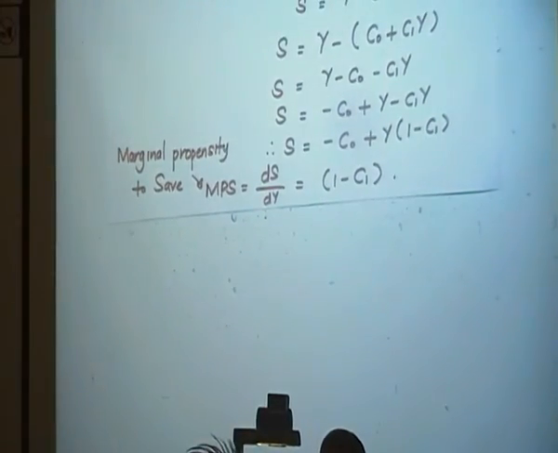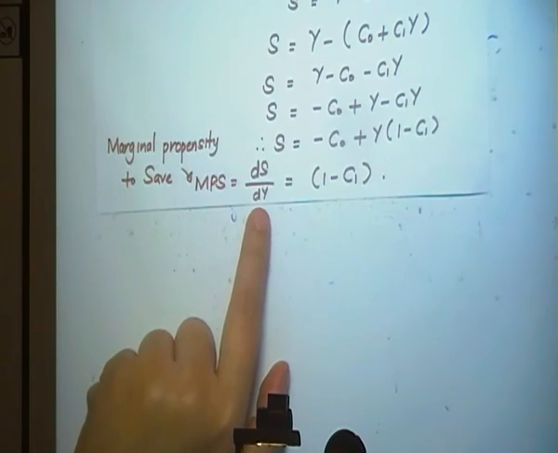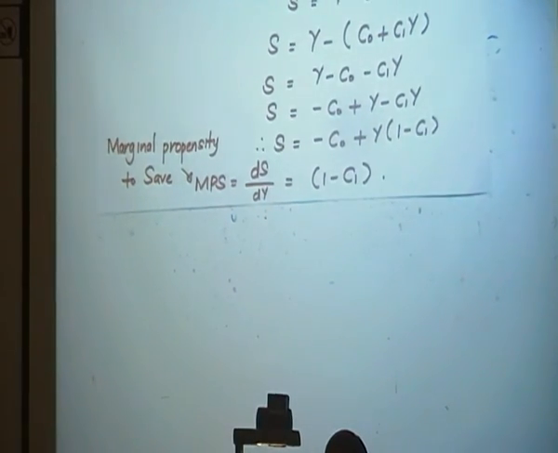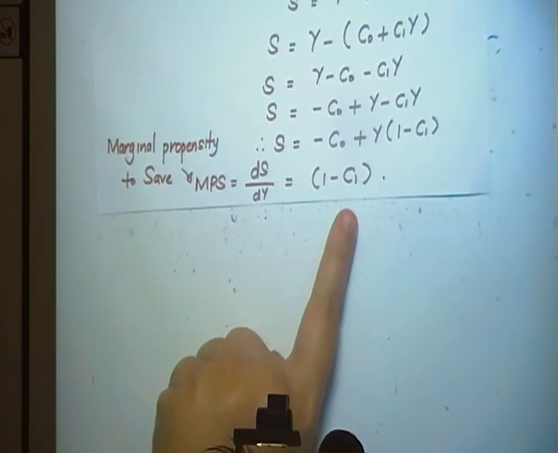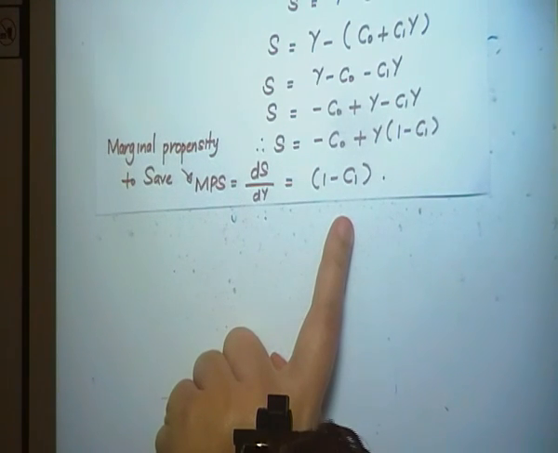Same definition, it shows you what fraction or proportion of the income you will take out to save. But that will depend on how much you consume. What you should notice is that there's one important conclusion that we should draw here.